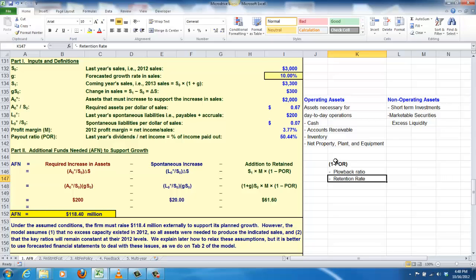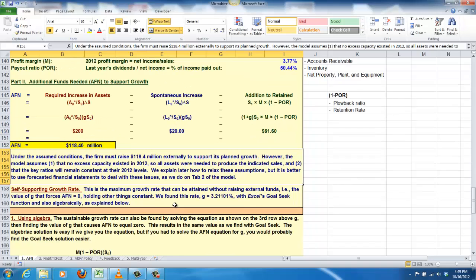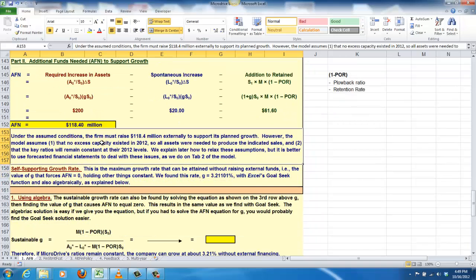So this is the percentage of the net income that's plowed back into or retained in the company for refinancing. So this is the amount we'll need to raise to support that sales growth increase.